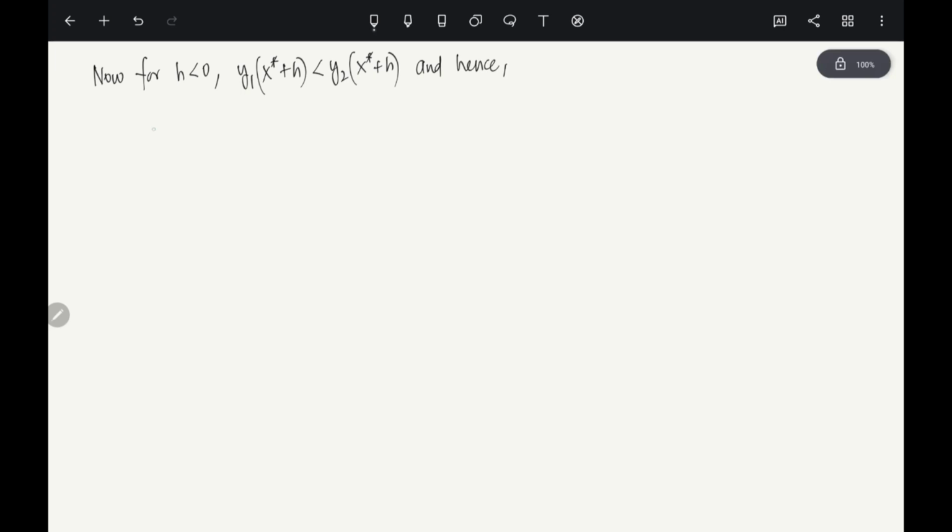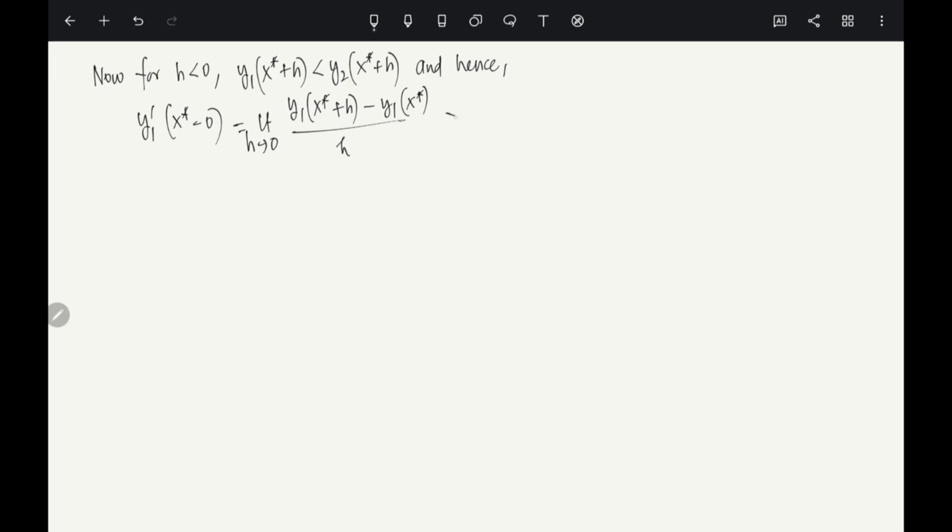y1 prime of x star minus 0. So basically if I am approaching y1 prime from the left of x star, that will be given by the limit as h tends to 0 of y1 of x star plus h minus y1 of x star, by h, right?